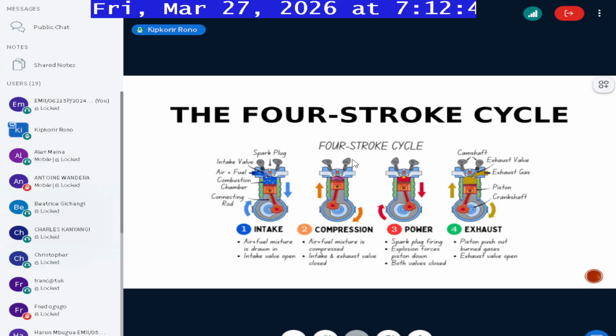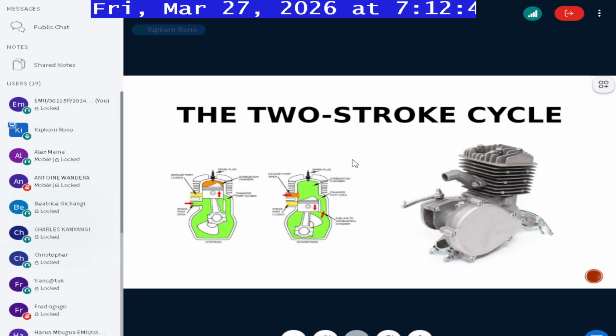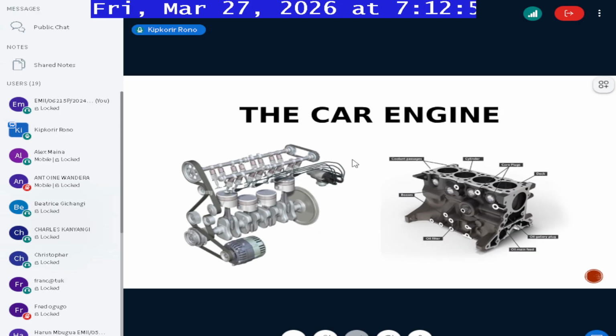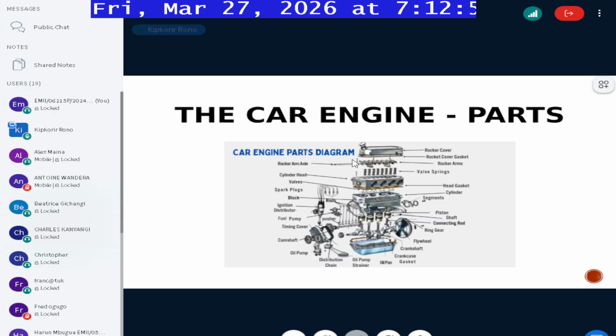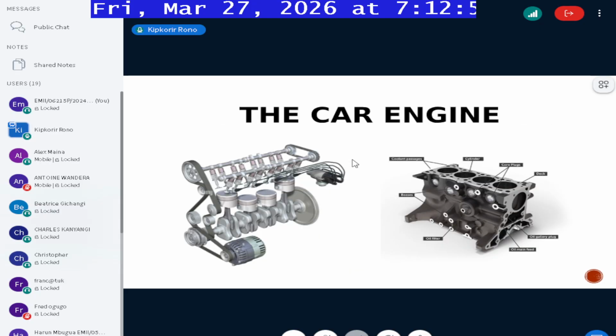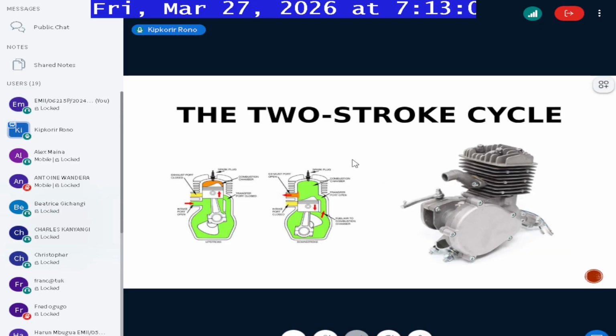So that is the four-stroke cycle. So here we have the two-stroke. Let me just show you something. I think there's something I need to put here. I probably did not include it.